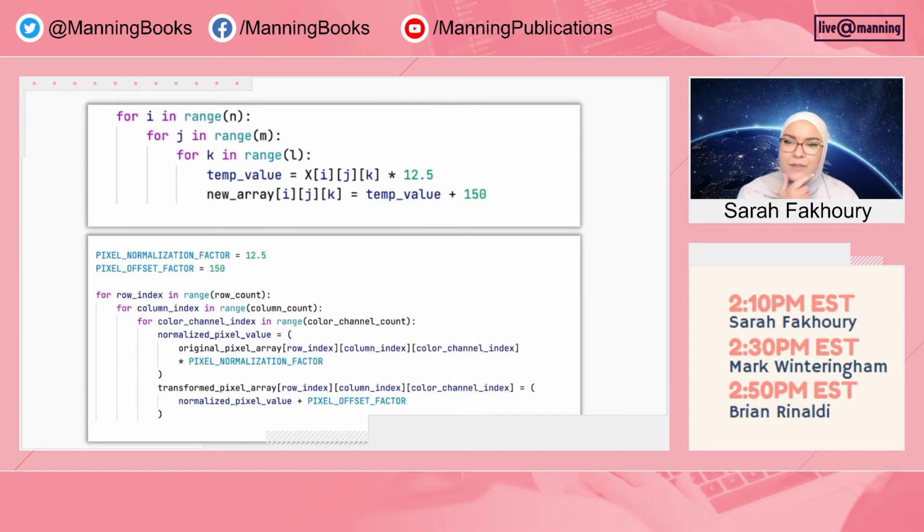What is temp value doing here? You can say like, okay, we're looping through all of the rows, all of the columns of this matrix, and then we're multiplying by the pixel normalization factor instead of just 12.5. So it definitely makes it easier to comprehend and understand what's going on, even though the snippet on the bottom is less concise and maybe a little bit longer.